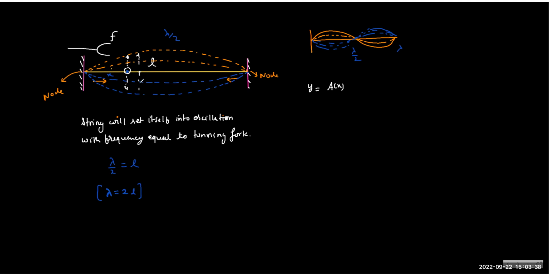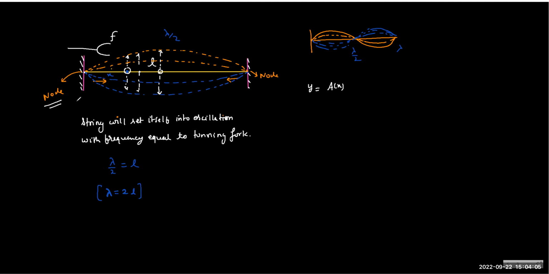So the amplitude of the particle is not the same. It varies from particle to particle. So we say that the amplitude will vary with position x. So we write A as a function of x because we don't see it to be constant.